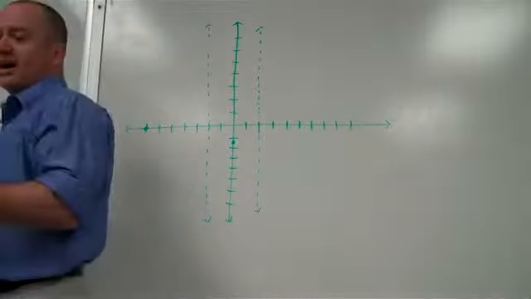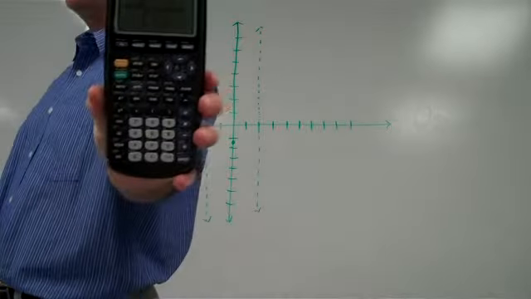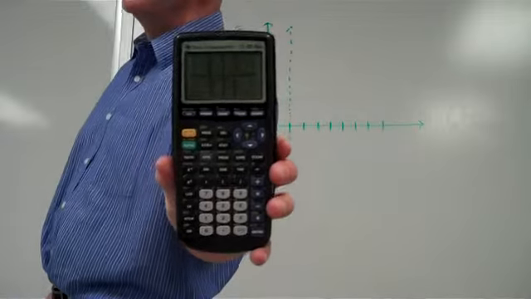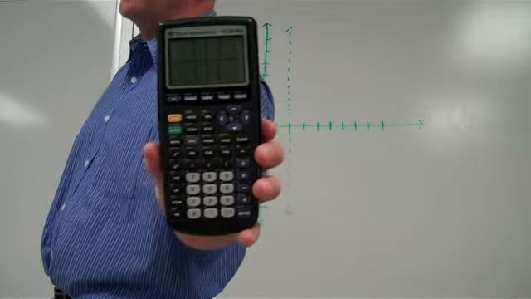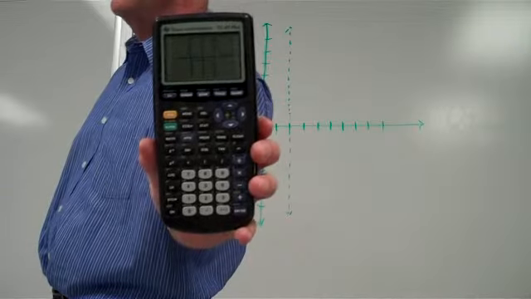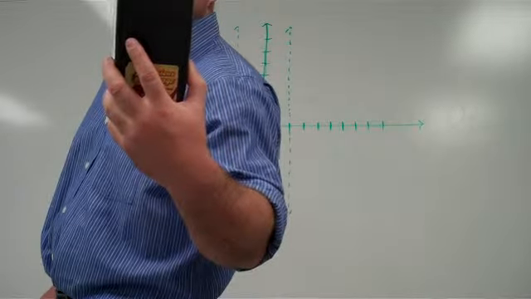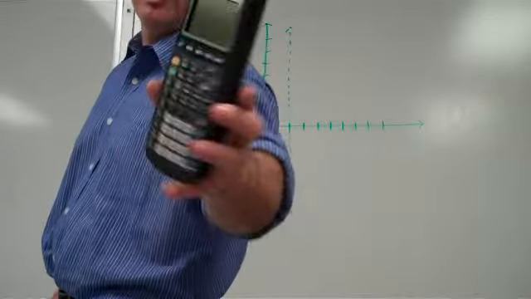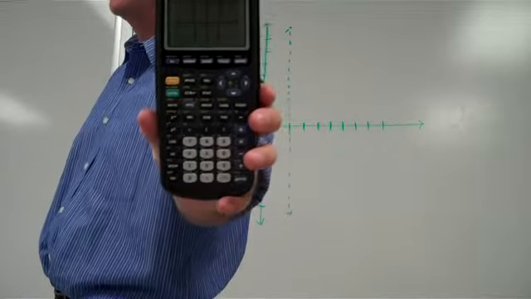I'll put this in front of the camera for a moment. How's it doing there? Okay. Your calculator is actually going to draw the vertical asymptotes, which is really annoying. It draws the vertical asymptotes on here, and sometimes it makes it look like it's touching them before it actually is.